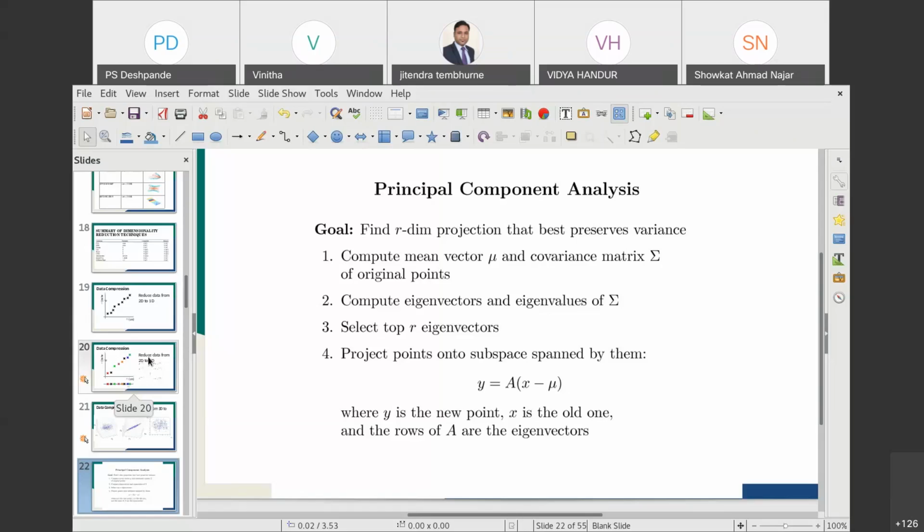Then you take the eigenvectors corresponding to the top eigenvalues, and project your data on these eigenvectors. So if you have 10-dimensional data and choose only the top 2 eigenvalues, you get the top 2 eigenvectors, and then you can project the original points onto only 2 dimensions.